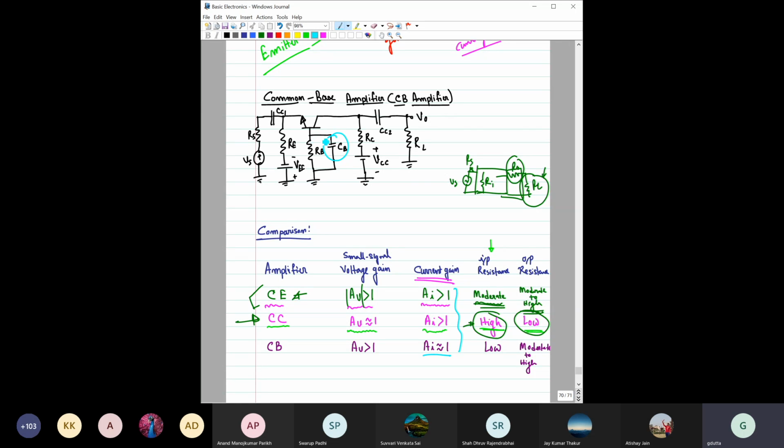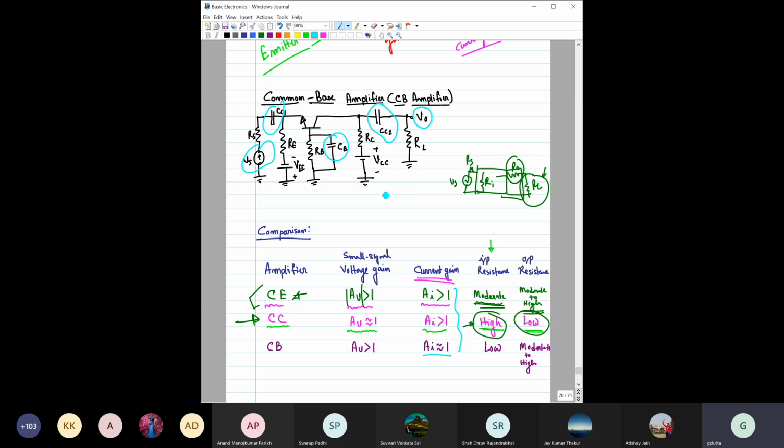Here these are the voltage sources to make the base to emitter junction forward biased and the base to collector junction reverse biased, right? And this is the coupling capacitor through which the output resistance RL is connected. This is the coupling capacitor through which the signal source VS is connected, right? And this is the input and this is the output.